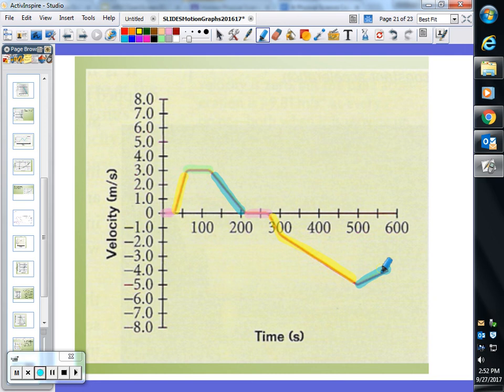For number 6, what's happening between 500 and 600? Is that what the last question says? Yeah, it's slowing down, but in a negative direction. Elena, go ahead. So what color transition would we look at there?